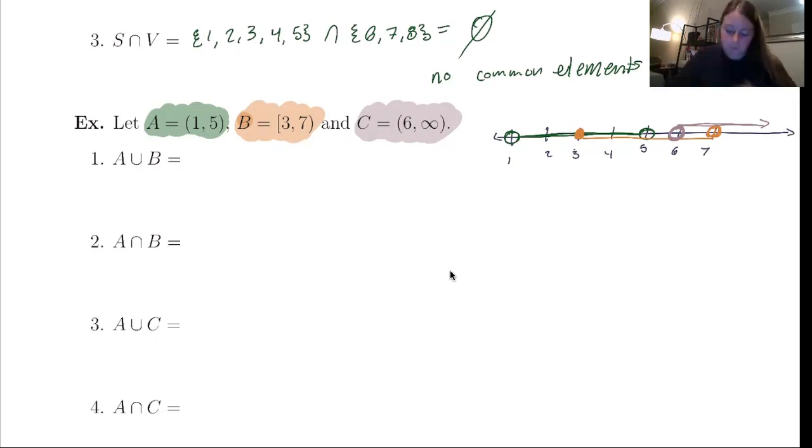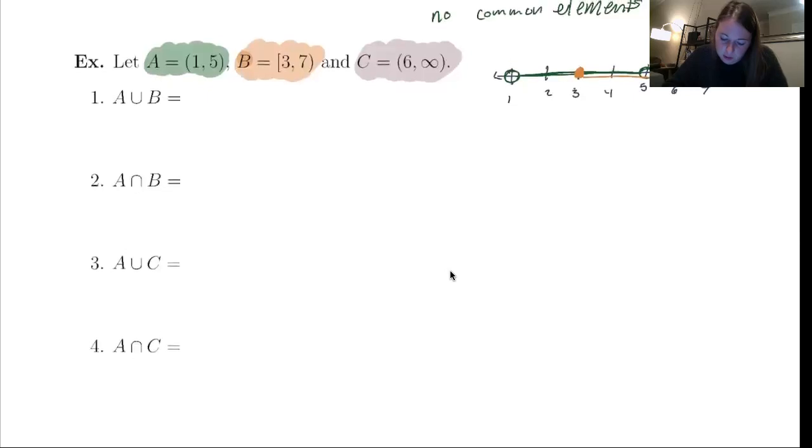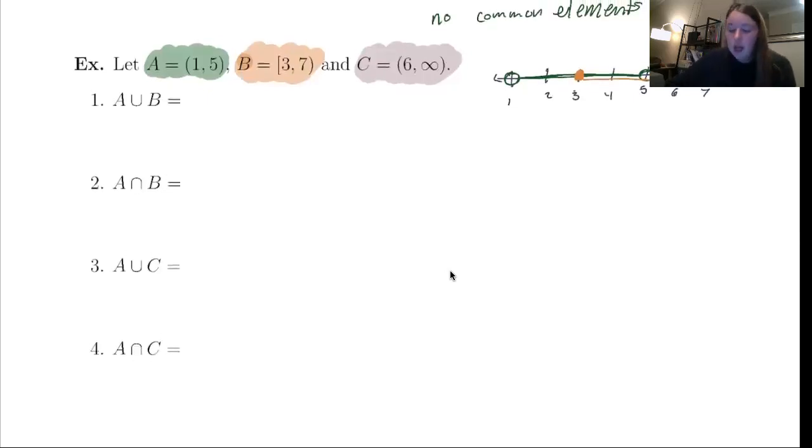So A union B, I want to combine them, make a superset. It can be in A or it can be in B. It doesn't have to be in both, it just has to be in at least one of them. So that means the interval 1 to 5, union 3 to 7.